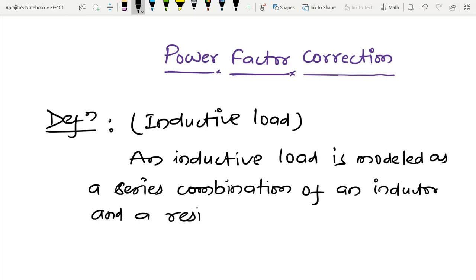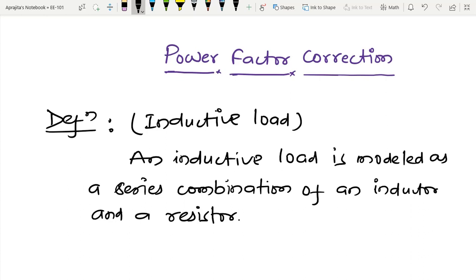Similarly, I can extend this definition for the capacitive load, where in place of the inductor I replace it by the capacitor, and at that time I will define the capacitive load. I am not going to write that.